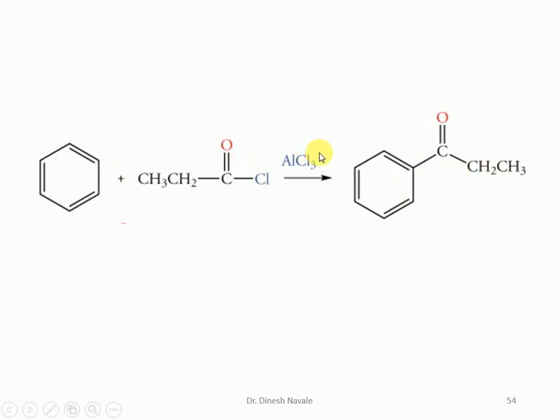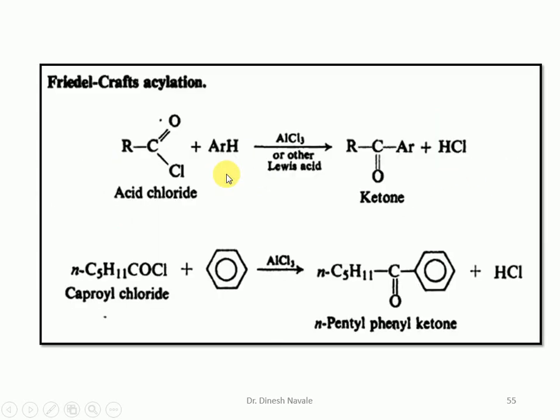And this is the same Friedel-Crafts acylation reaction. This is the same example: acid chloride and aromatic compound with the Lewis acid catalyst AlCl3 will give the aromatic ketone. And if we utilize pentanoyl chloride, n-pentanoyl chloride will give n-pentyl phenyl ketone. So we have changed only the acid halide and we are getting different ketones.